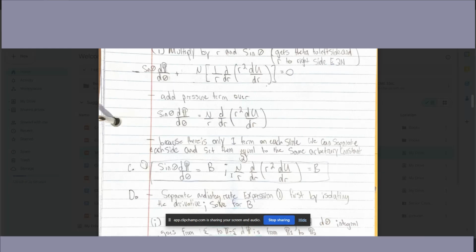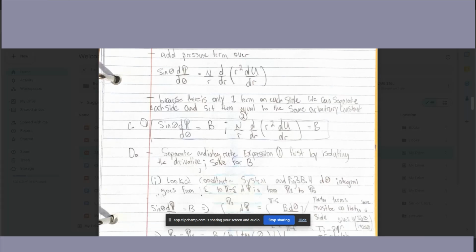You could still separate them out and set them equal to the same constant, but it wouldn't be very useful because it's still difficult to separate and integrate. Whereas in this case, when there's only one derivative, you just move the d theta over to this side, keep the d partial pressure on the side, and separate and integrate like a normal thing.